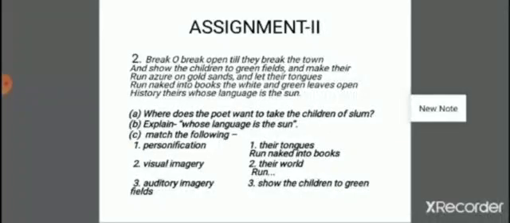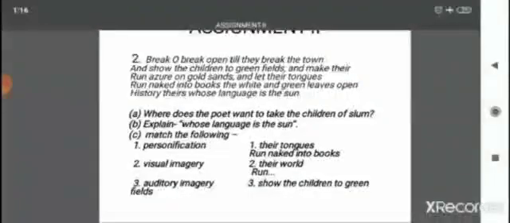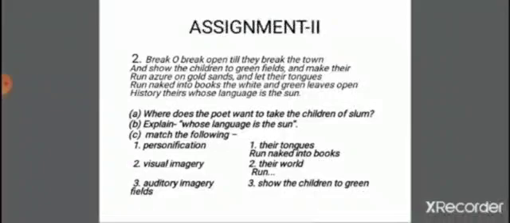What does the poet mean by saying this phrase? And then there is a matchmaking. Three figures of speech are given here: personification, visual imagery, and auditory imagery. And expressions from the poem are given here. You have to match them. I think they are very easy.